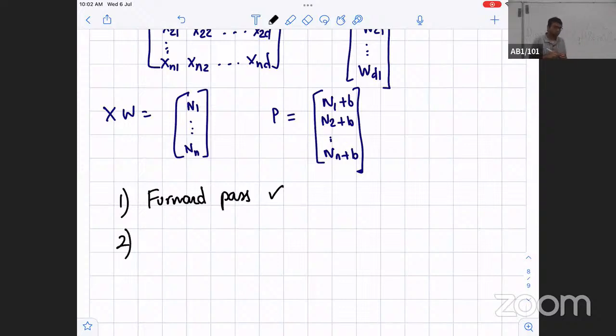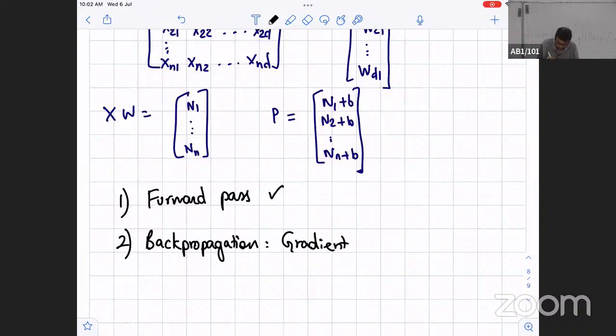So now to do backpropagation, the goal is very clear. We want to do gradient descent, right? Can somebody tell me how you do gradient descent to optimize the parameters?